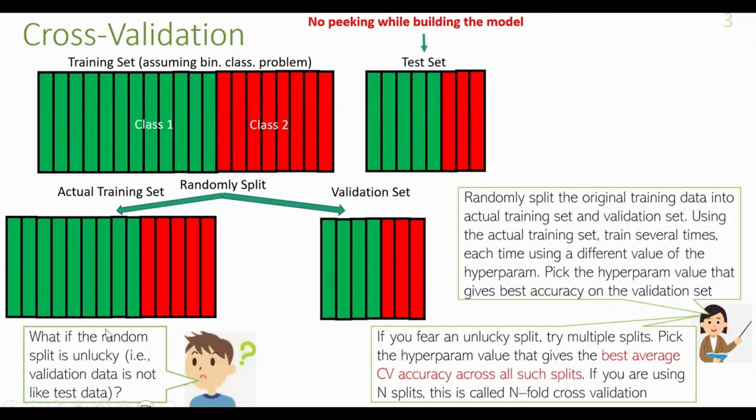Because here we are reducing the number of training data, right? Because machine learning model performance depends on the number of data points. If we have limited data, the performance will be poor, right?